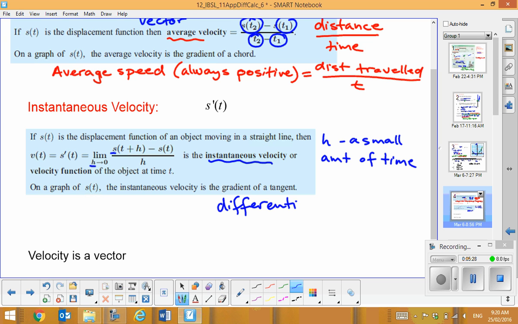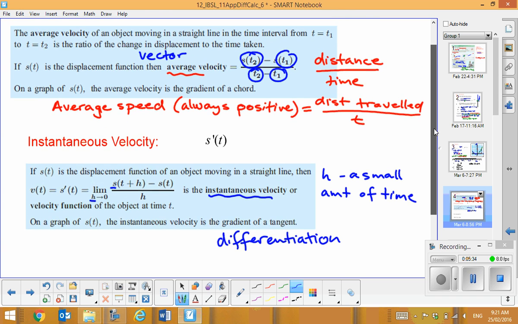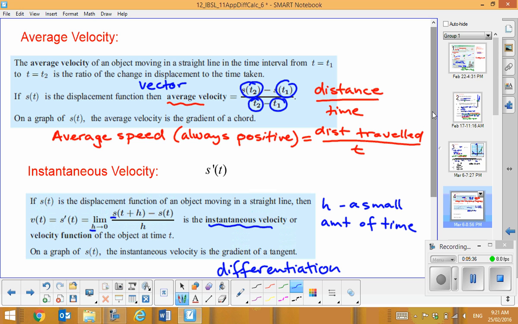For average velocity, should we write distance over time or s of t? It depends. If you're given a displacement function, you use that. You're not going to be getting a basic distance travelled over time. That's the luxury of Year 10. What you'll be getting now is more complex, and most of the time you'll be doing an instantaneous velocity rather than an average velocity.